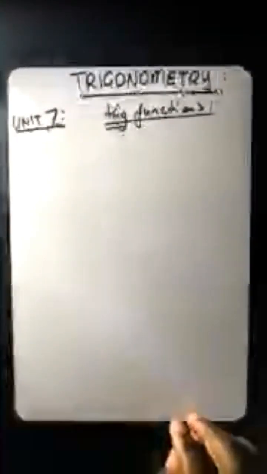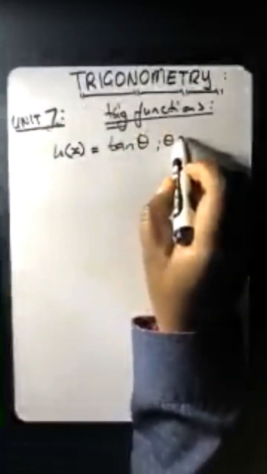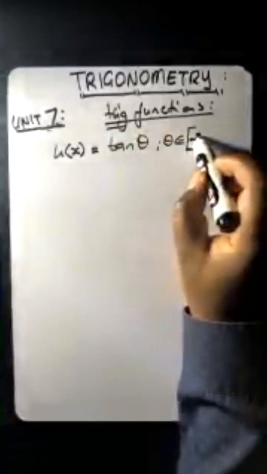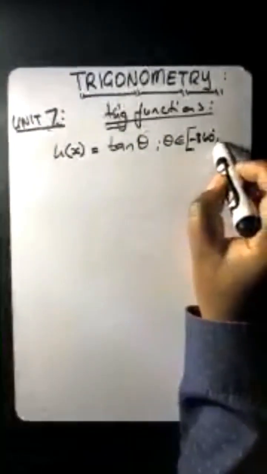So let's see. Lastly, let's plot maybe this one and let's call it h of x. h of x equals, let's keep it simple and say tan of that angle, where the angle is an element of negative 360 to 360.